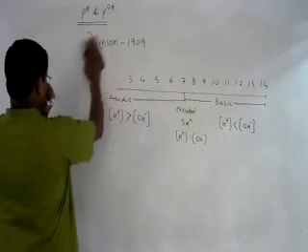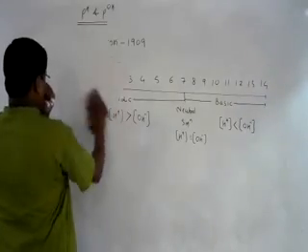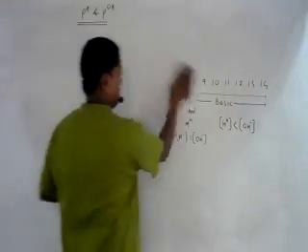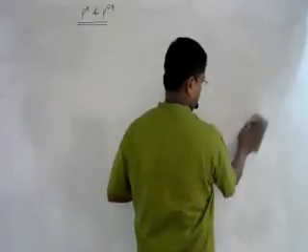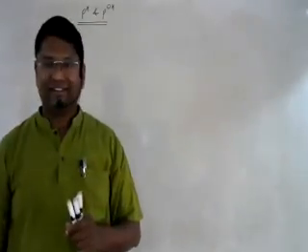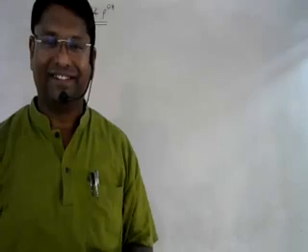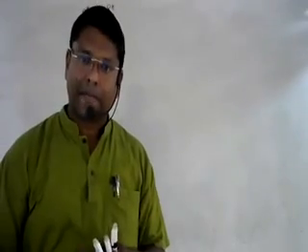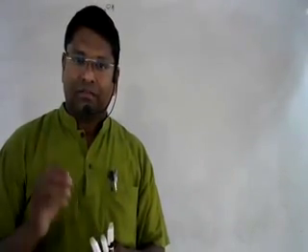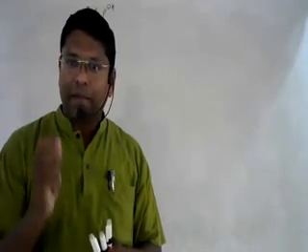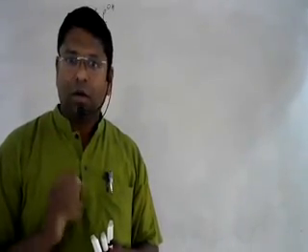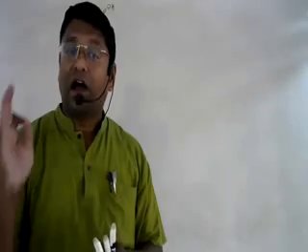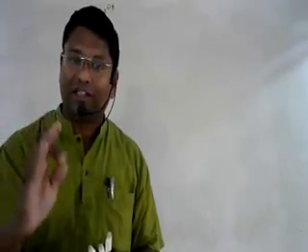Then we are seeing that pH is less than 7, pH is greater than 7. What is pH? What is pOH? The real meaning of pH is potency of hydrogen ion concentration.